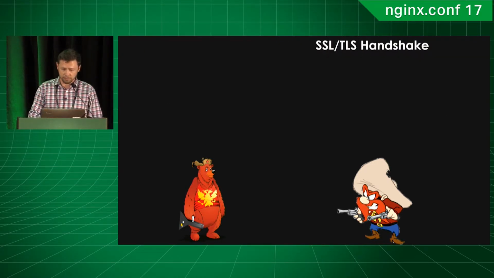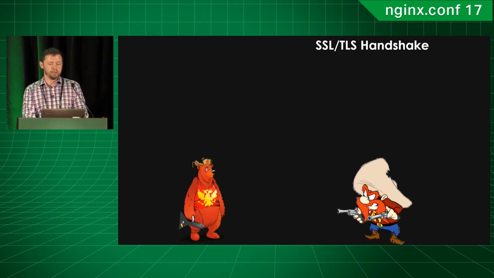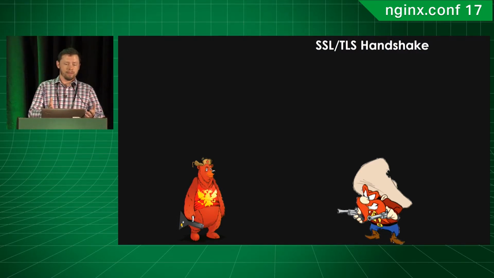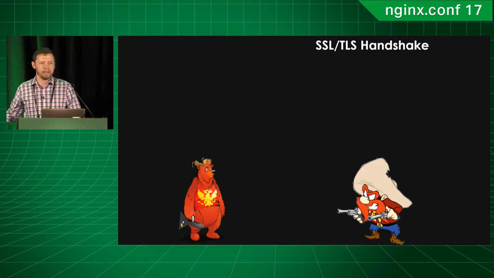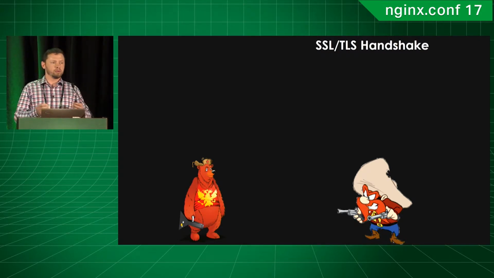So, same two guys trying to establish the TLS session. SSL, TLS, I use both of these words interchangeably, but I don't want to go into the details. What's the difference between SSL and TLS? SSL is an older version of TLS, or TLS is a newer version of SSL. It's a protocol used to establish the connection, to perform the handshake.